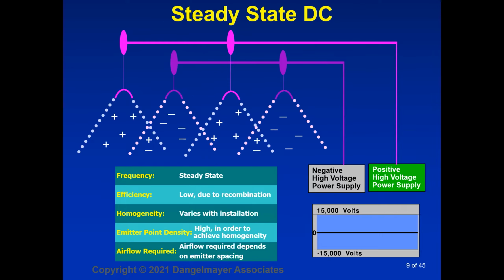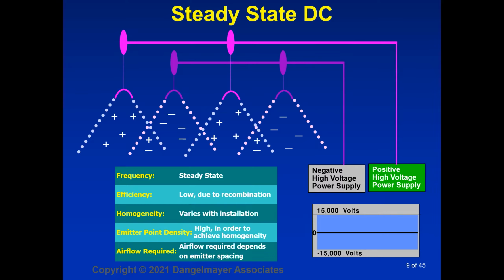And we, again, have to blow a fair amount of air past the steady DC ionizer to make sure we get good ionization in our work area. Because we are able to adjust the positive and negative power supplies, we get to have a very good balance possible, and we can use this in very sensitive applications.